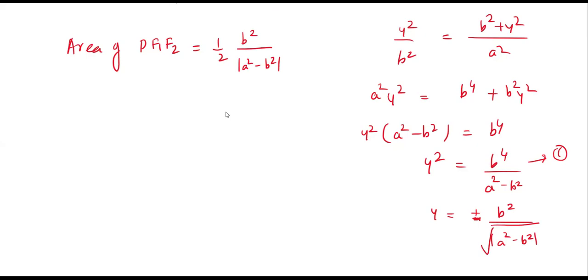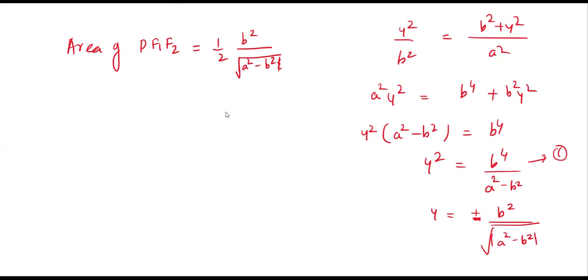So modulus is not needed, the square root alone is enough. Square root of a square minus b square, because a square minus b square is anyway a positive number. We will not take the negative case for a and b, because a and b are basically lengths here and cannot be negative. And obviously a is bigger, so it will not be negative. Okay, so here we get like this.